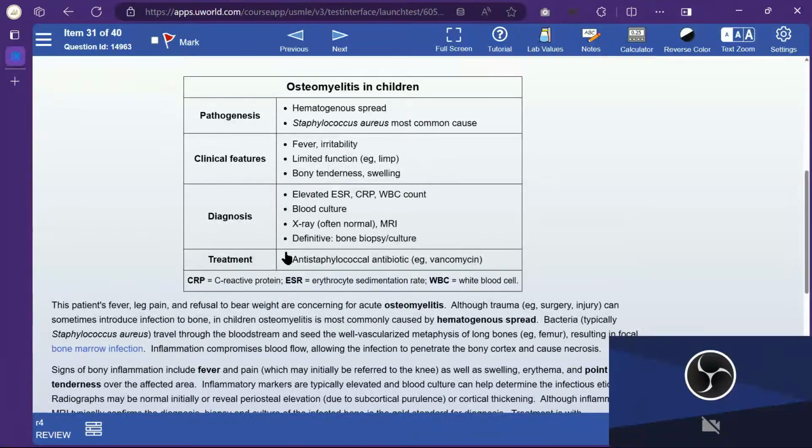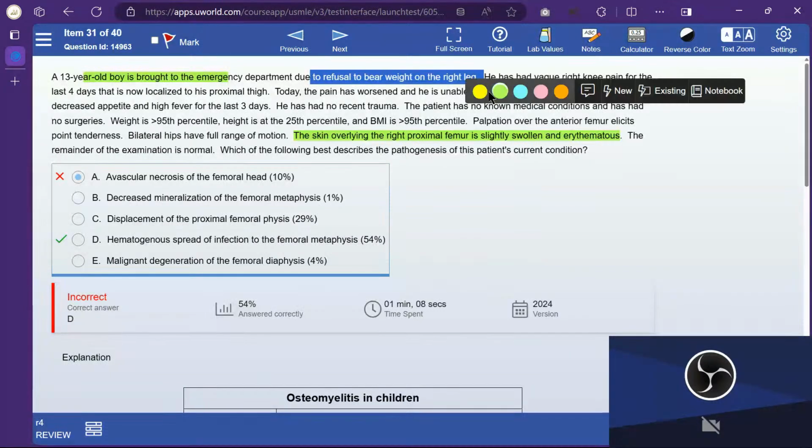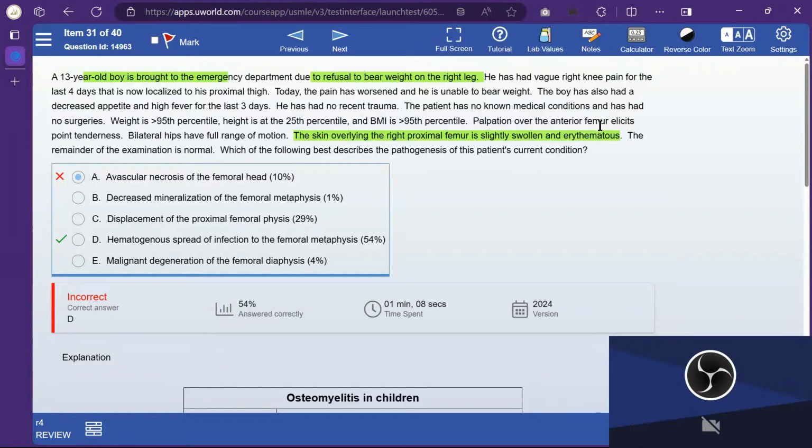The patient has leg pain, refusal to bear weight, and fever. Diagnosis done. The skin overlying the right proximal femur is slightly swollen.